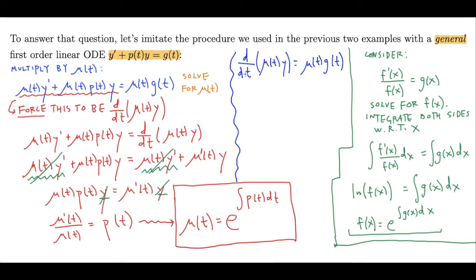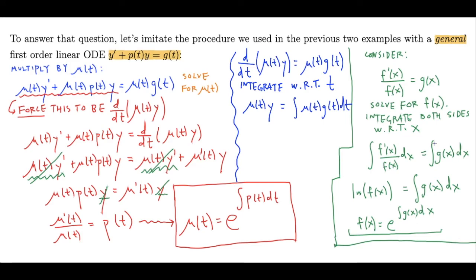Building off the assumption that this left-hand side can be written in terms of this product rule, which it should because we now know how to construct mu of t in the perfect way so that the left-hand side really will be this product rule, then, as we saw in the previous examples, to proceed with the solution of this differential equation, I just need to integrate both sides with respect to t.